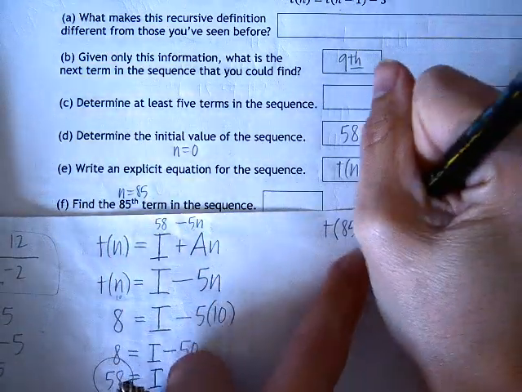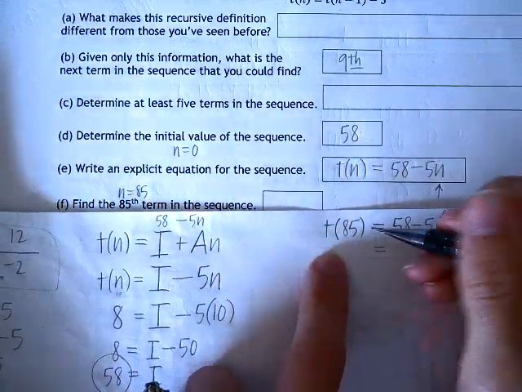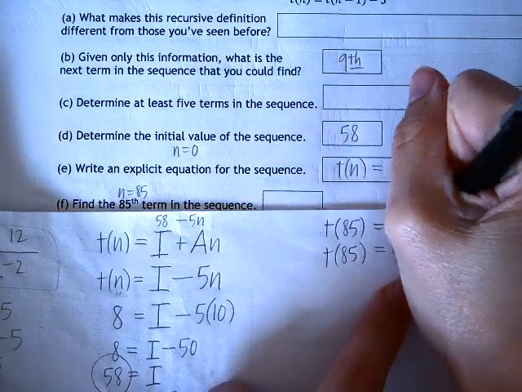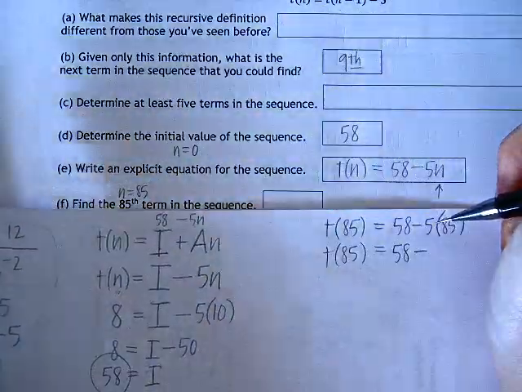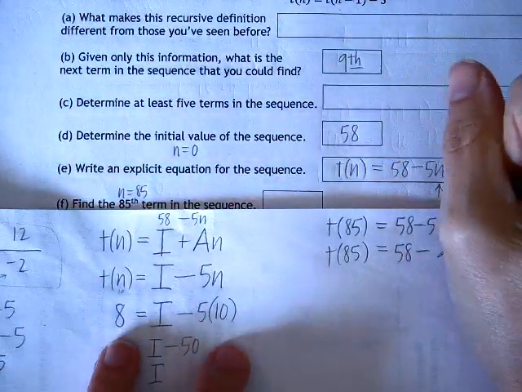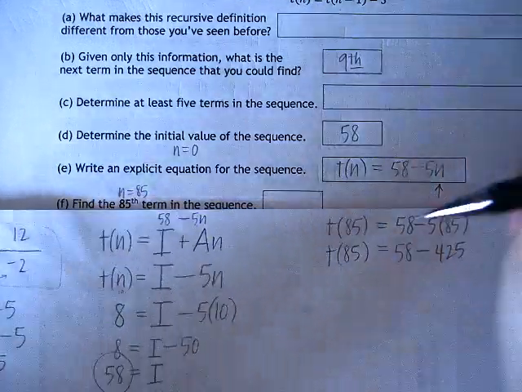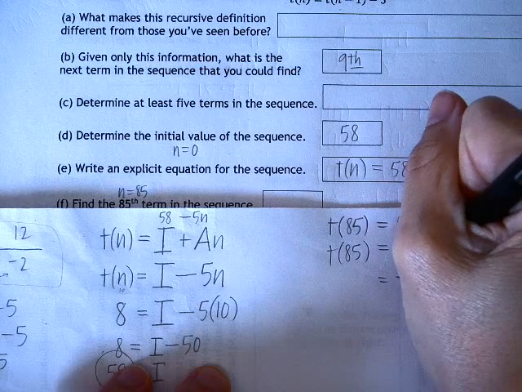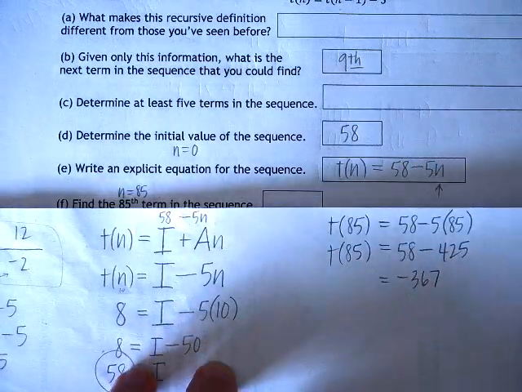T of 85 just means the 85th term. I don't know that, so I'm just going to leave that as an expression. But 58 minus 5 times 85, a quick multiplication, should give me 425. And 58 minus 425 should be negative 367.